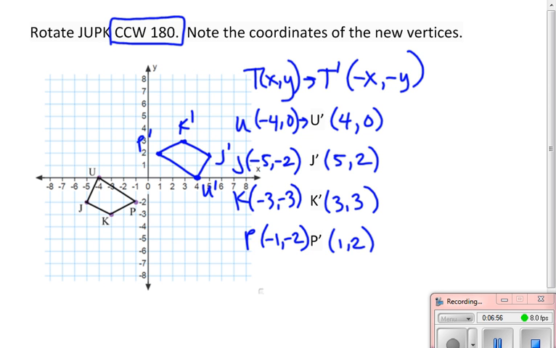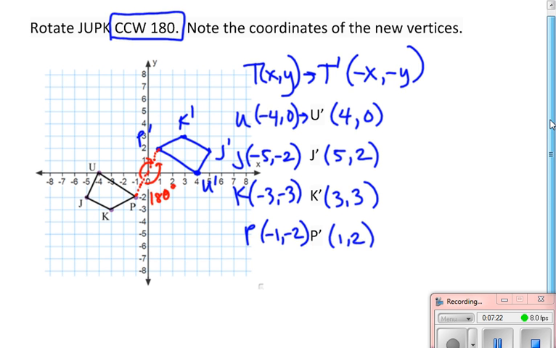My figure appears to be the same, and if I think about connecting a point to its image through the origin, this looks like 180 degrees in either direction. And so I feel pretty confident that I have rotated my figure correctly.